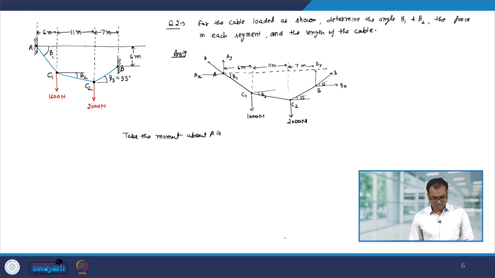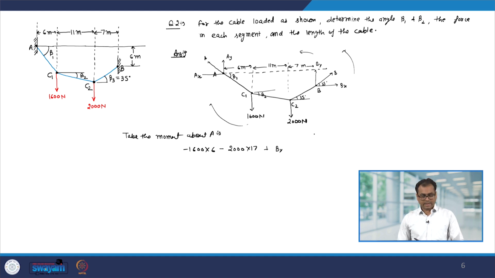So, we have 1600 force. About A, this will go in the clockwise direction. So, minus 1600, perpendicular distance is 6, minus 2000, perpendicular distance is 6 plus 11, which is 17, plus By, because it has a tendency to rotate in the anti-clockwise direction.